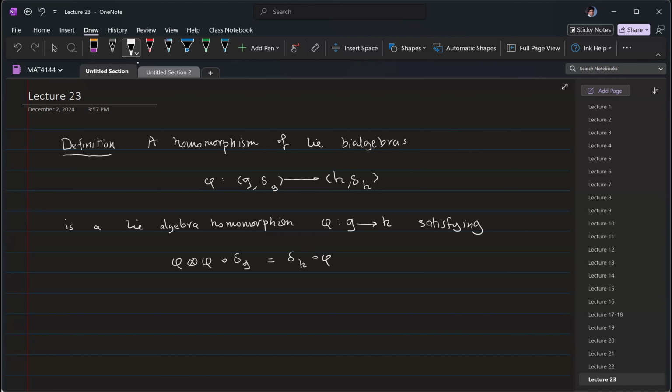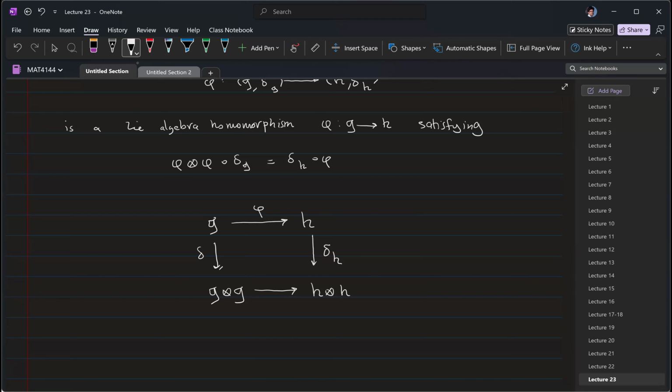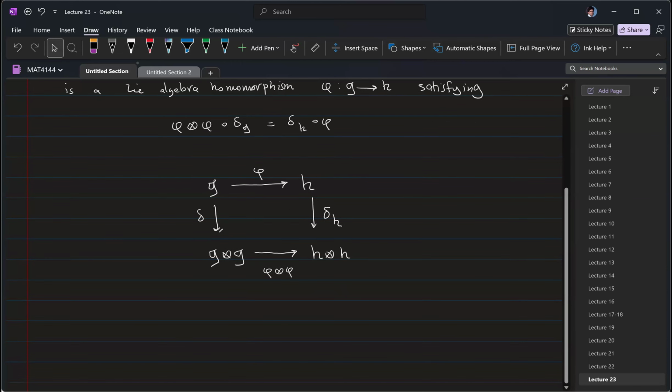So where does this relation come from? Well, we just have to think about where these maps are. We have this map phi that goes from G to H. It's a bialgebra homomorphism. But we also have these deltas. And now if we are given phi, what's the most natural map we could put from G tensor G to H tensor H? You just tensor on each factor. So this is the map, phi tensor phi.